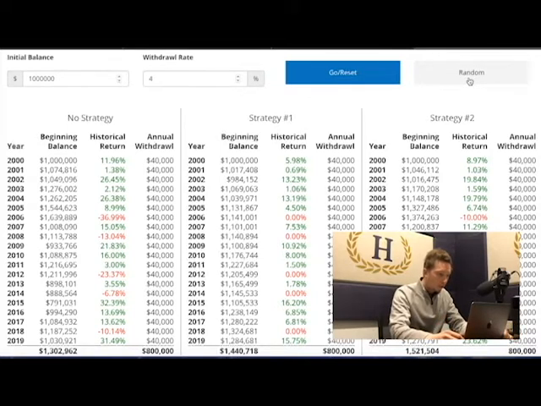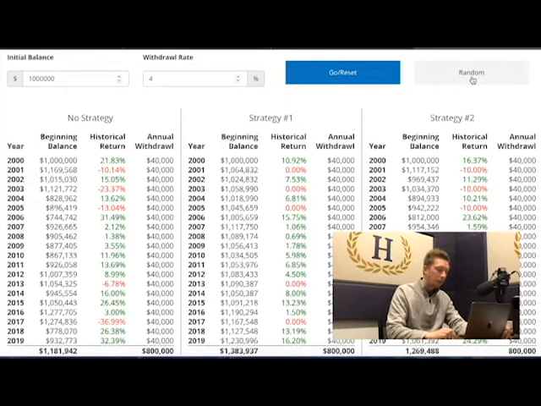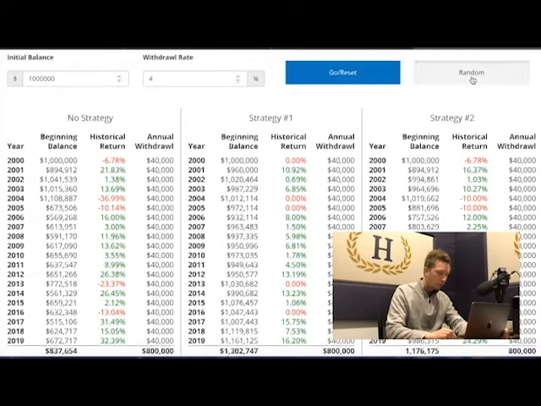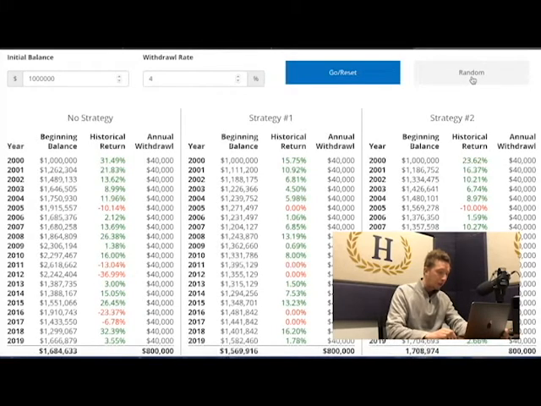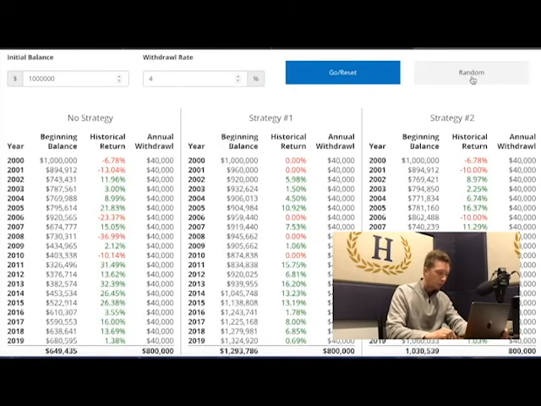When we are in our distribution years, we need to make sure that we're managing risk better, or mitigating it to the best of our abilities, because we have withdrawals going along with that. As we hit this randomization button, we can see the dollar figures at the bottom change. Make sure you're looking at this left-hand column: it's 1.1 million, 837,000, 812, 1.6, 1.1, 1.8.